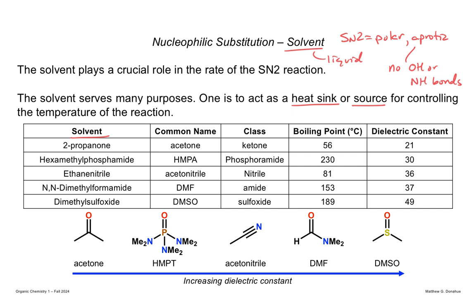is the first one, and you'll notice the arrow here, it says increasing dielectric constant. And that's a number reported in the last column. So the greater that number, the more it facilitates the reaction to occur, so it'll occur faster.